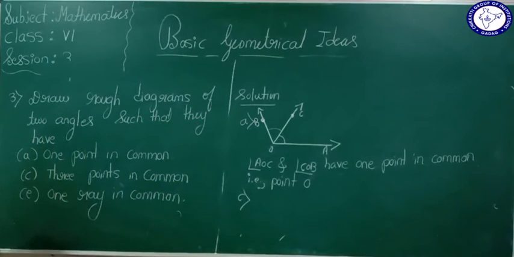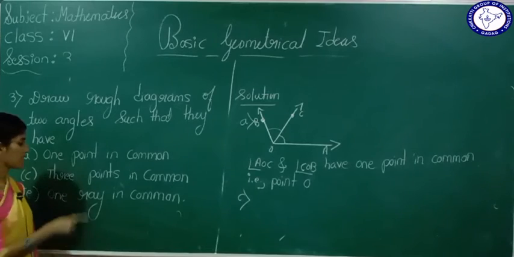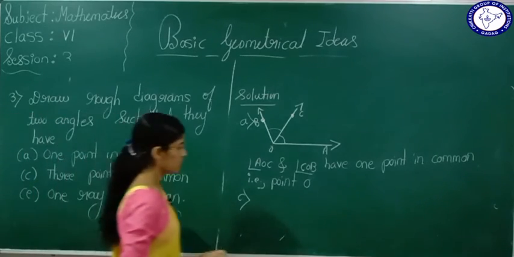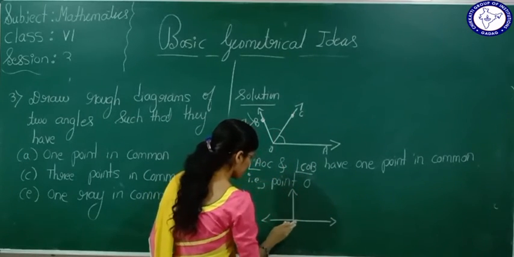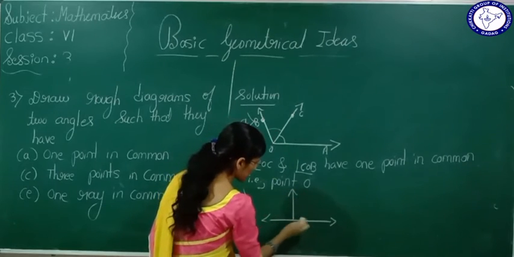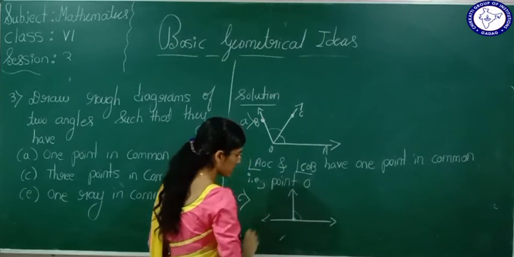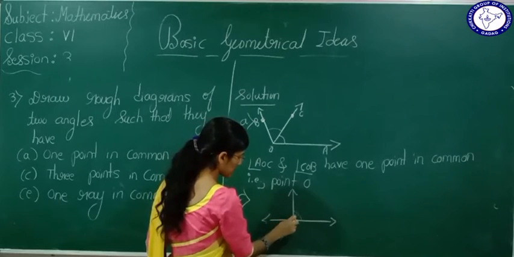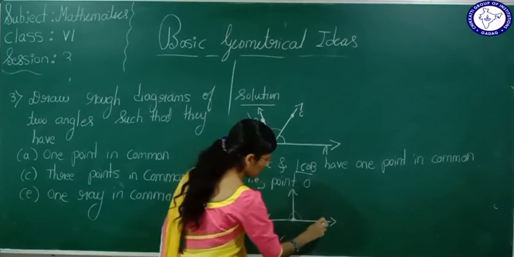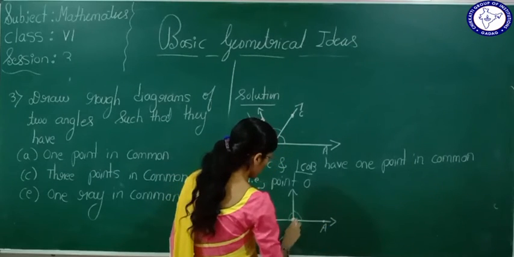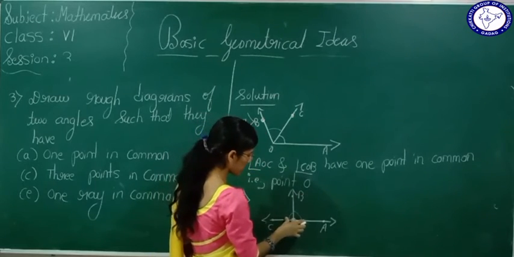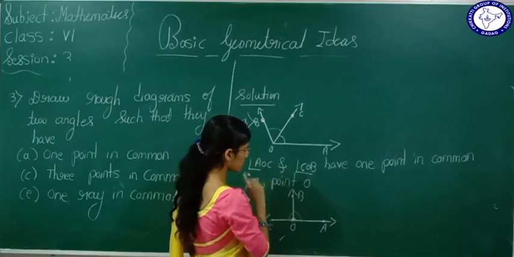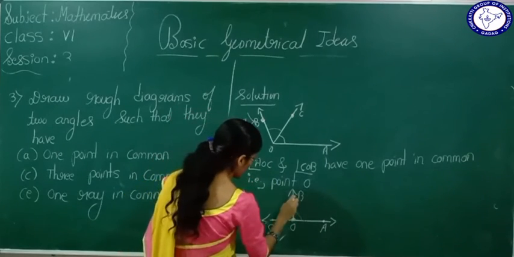Okay. C1 you see here. 3 points in common. Two angles we have to draw. In that, 3 points should be common for those two angles. Now see here, this is one ray, this is one ray meeting at a point. Definitely this is one angle. This is one ray, this is one ray meeting at this point. Definitely this is also an angle. Now see here, A, O, B and C. What they told: two angles should have 3 points in common, right?